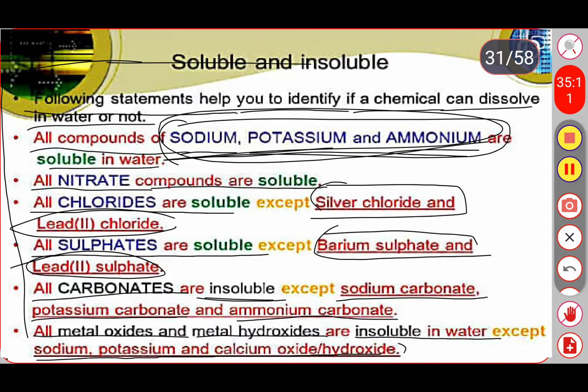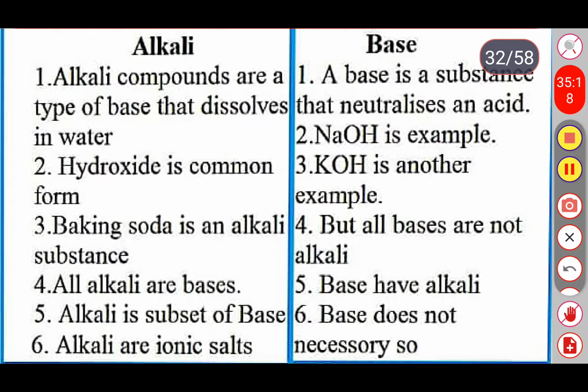Let's see the differences between alkalis and bases. Alkalis are a type of base that dissolves in water. So alkali is also one type of base, but it is completely soluble in water. A base is a substance that neutralizes the acid.